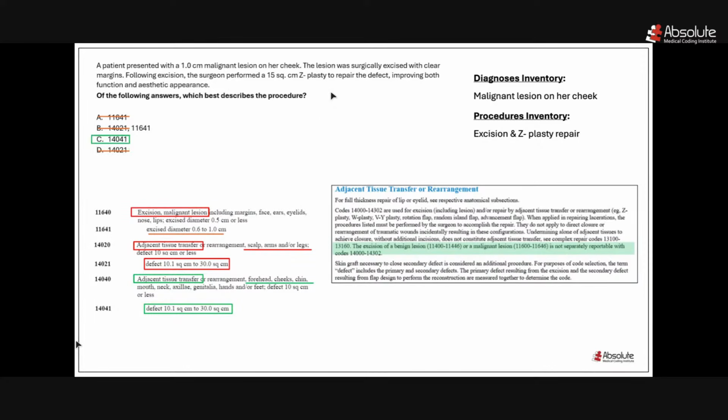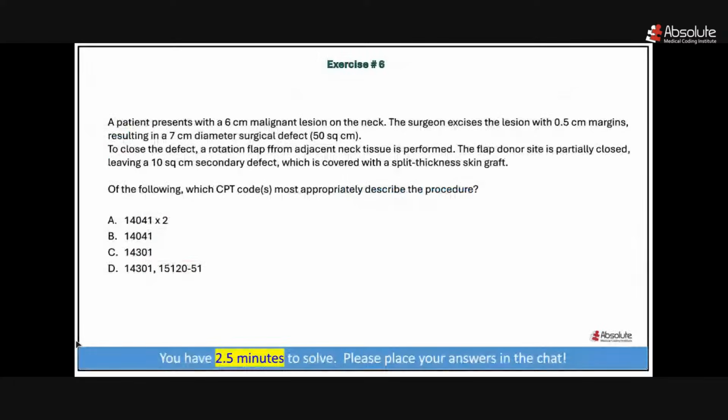Okay, coders, quickly let me move on to the last question for the day. Of the following answers, which CPT code best describes the procedure? Options are option A, 14041 times 2, option B, 14041, option C, 14301, option D, 14301, 15120, 51 modifier. A patient presents with a 6 centimeter malignant lesion on the neck.